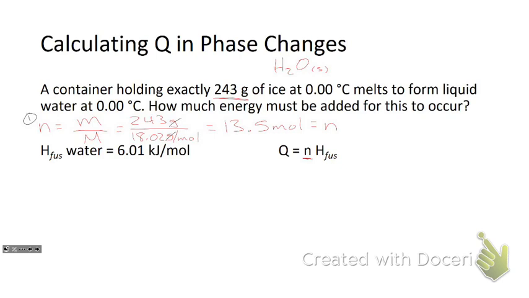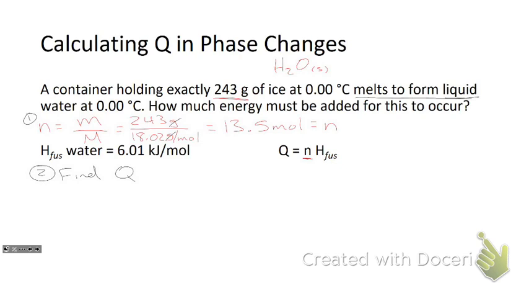Okay, now step 2, we need to calculate Q, because now we know our number of moles, we just need to multiply that by the heat of fusion of water. Why are we using heat of fusion in this case?